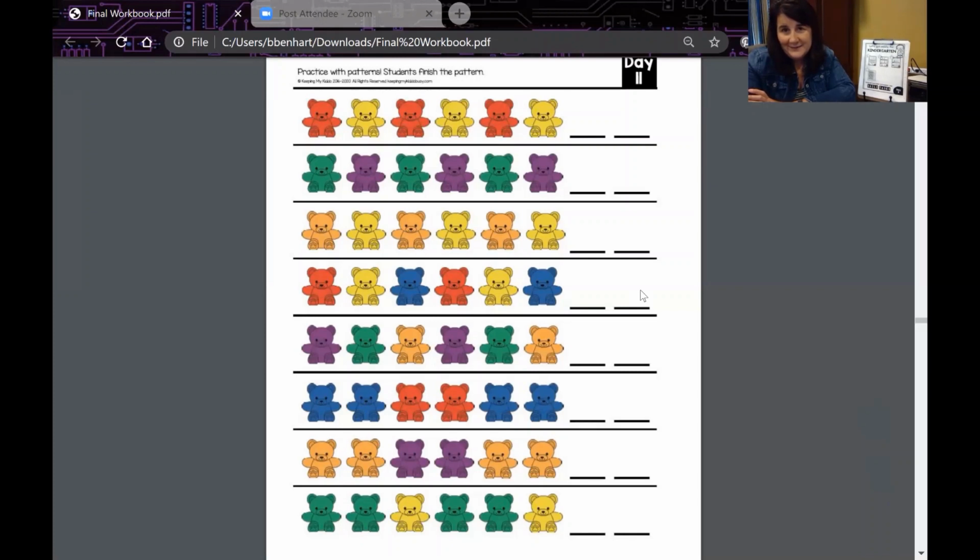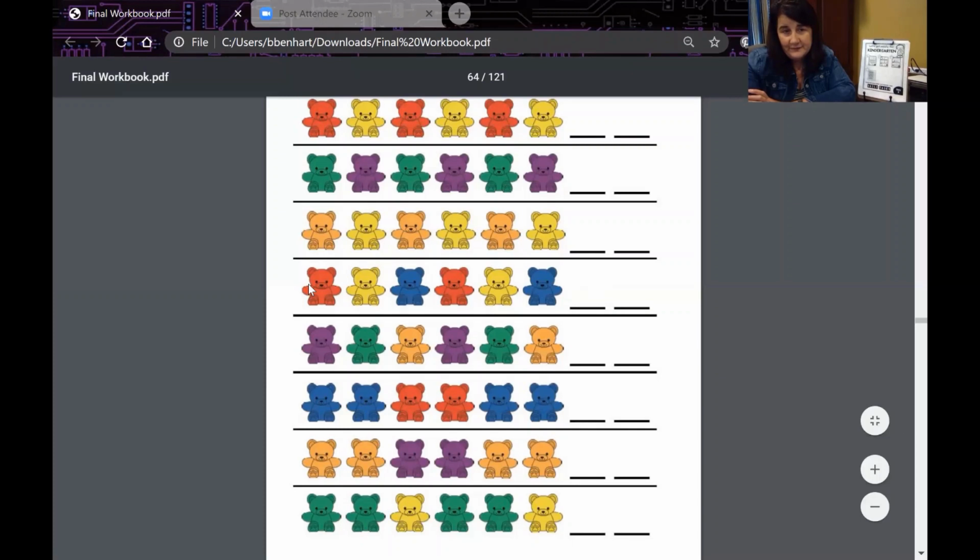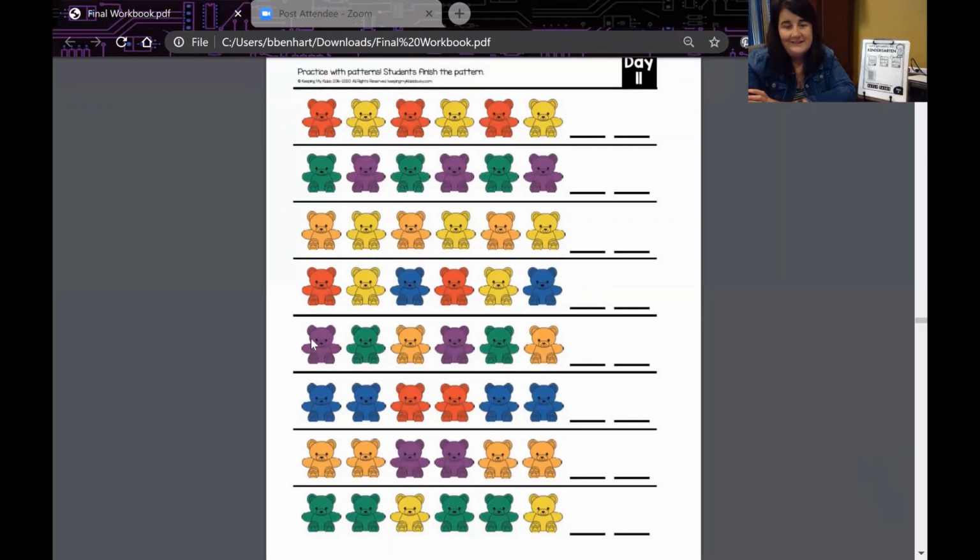So let's think of what comes next. Red, yellow, blue. Red, yellow, blue. Red, yellow. And if we had one more spot, we could say blue. Because in this pattern, every time we have red, yellow, blue follows. Okay, let's look at the next row.